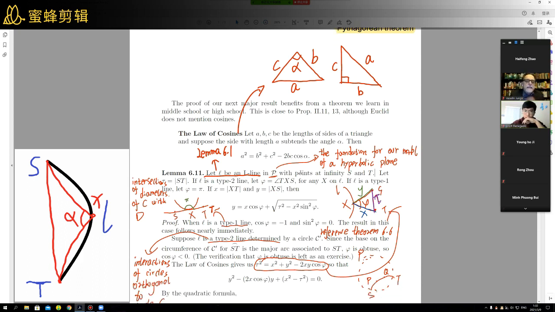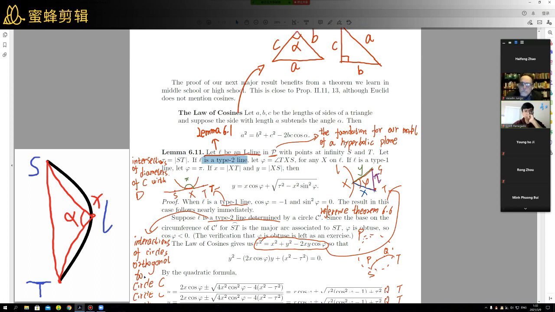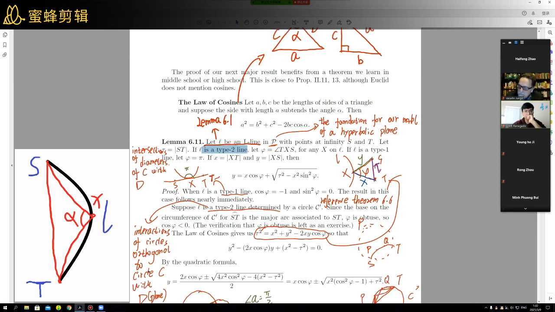With the points at infinity s and t, let torque equal the absolute value of st. If L is a type 2 line, which is the intersection of a circle orthogonal to the circle C with the D plane, let phi equal the angle TXS, which is this one, for any x on L. If L is a type 1 line, which means the intersection of diameters of the circle with the plane, we let phi equal pi.